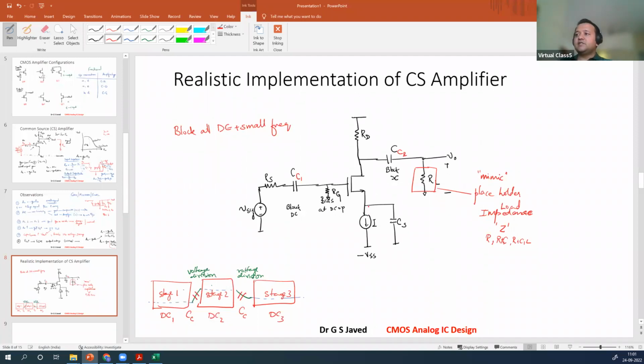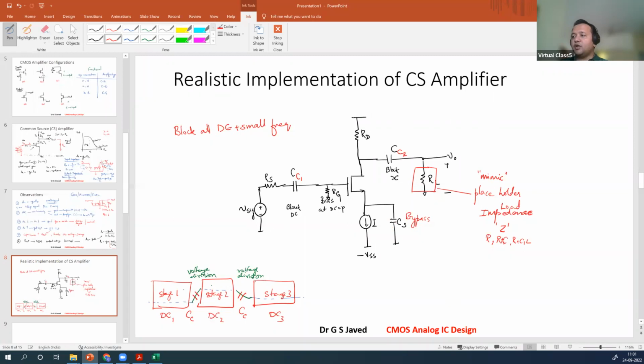Next, what is this? You need an ideal ground here for this to function. For that you provide a short. This is called a bypass capacitor. What is the bypass capacitor's activity? It basically takes all the small signals and shorts them.